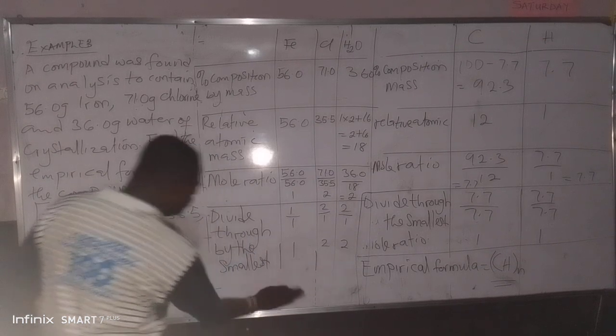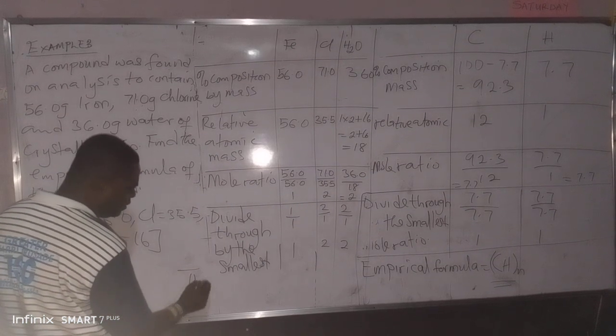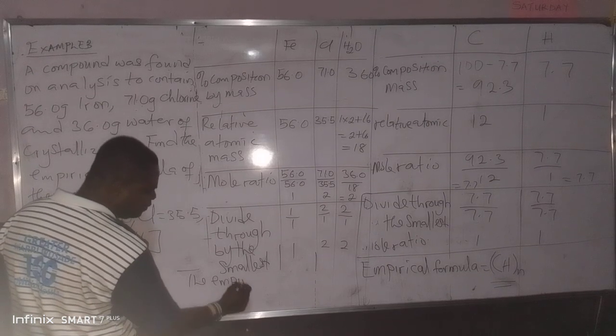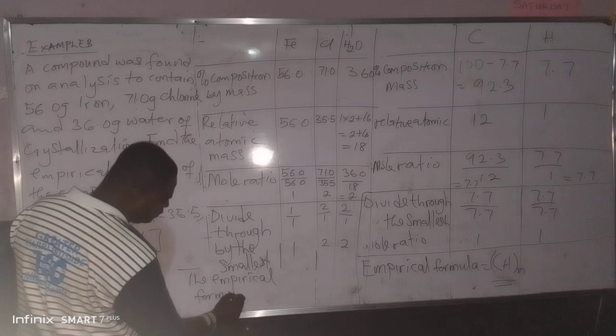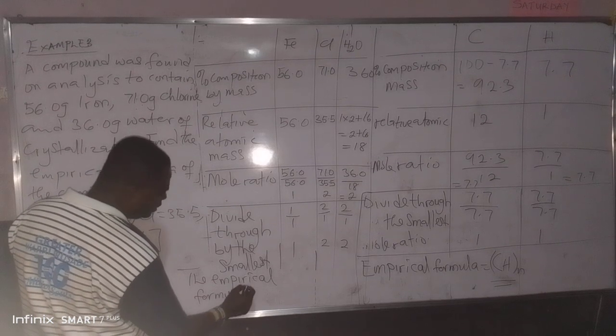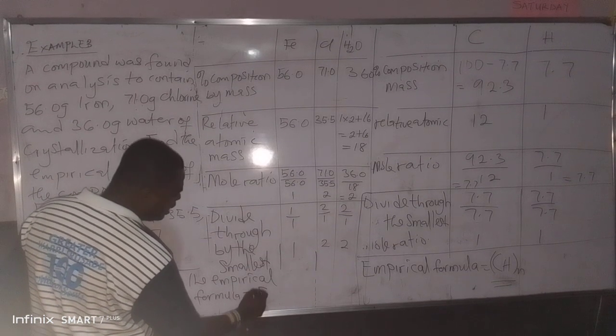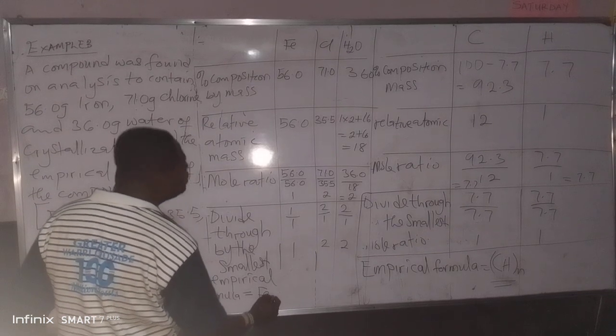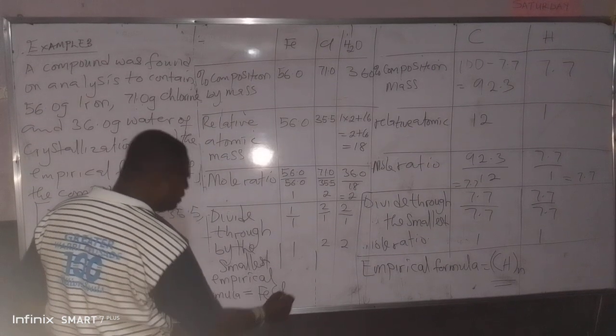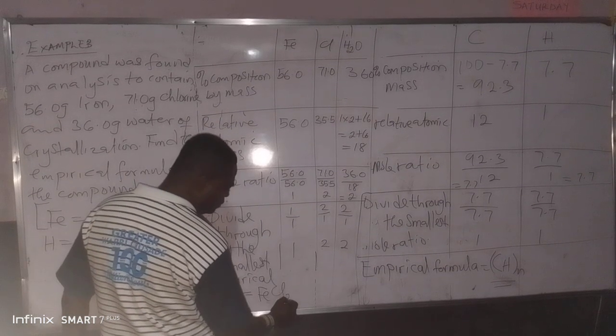Now, what do we have? The empirical formula is going to be Fe, which is 1, you don't need to put it, Cl is 2.